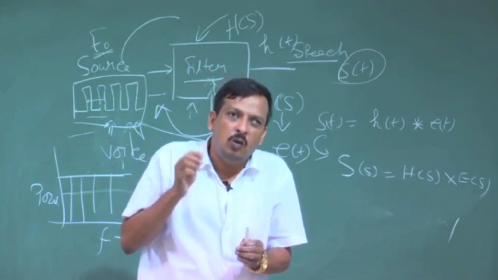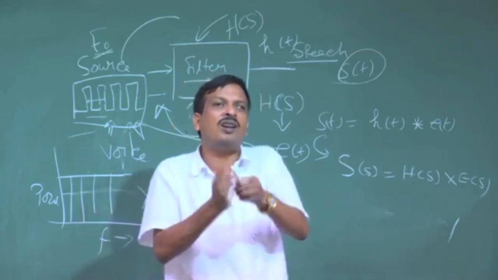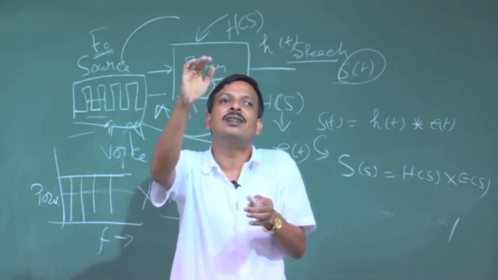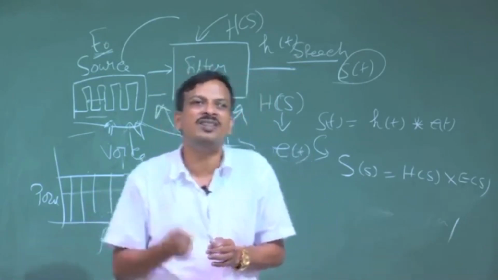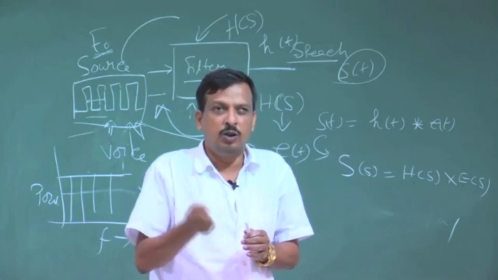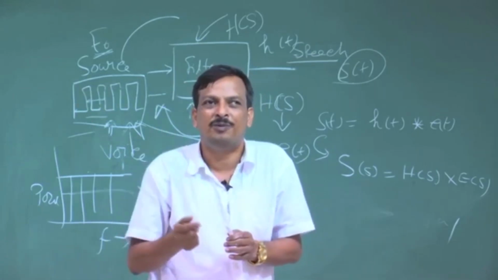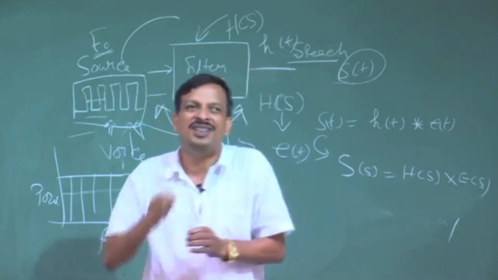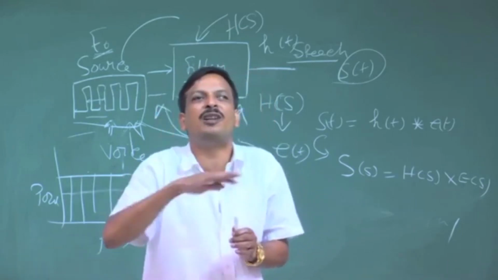So, for a woman, since the vocal cord length is shorter, the fundamental frequency is higher. If you see a woman singer, they say your base scale is B sharp. What do you mean by B sharp? It is the level of the average fundamental frequency.